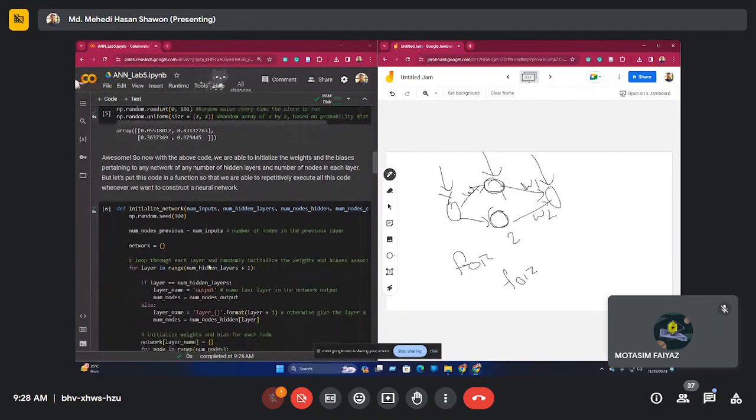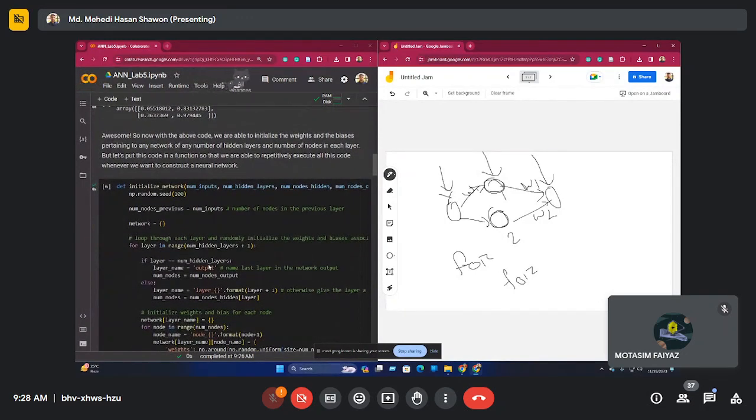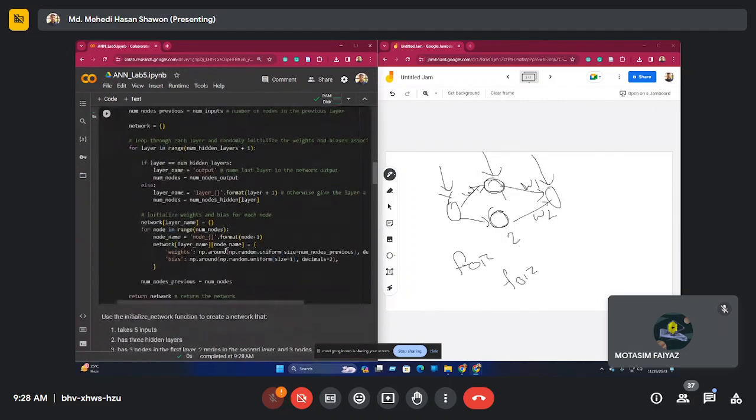Next, whatever we have done there, we are doing here using a function. Using the above code, we initialize the weights and bias of our pre-training network, of any hidden layers and any nodes, but we are just putting that code in a function. That's all we have done.